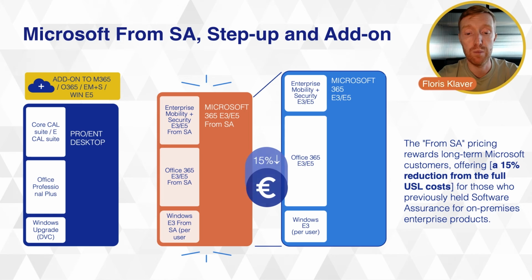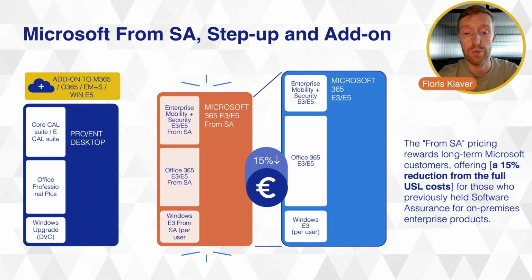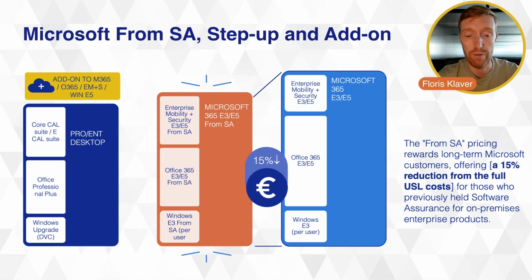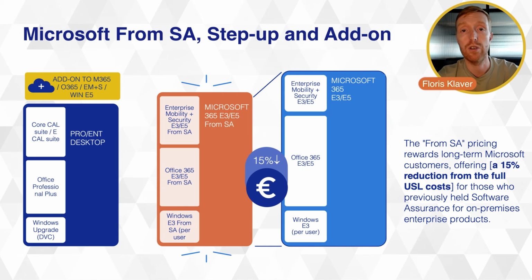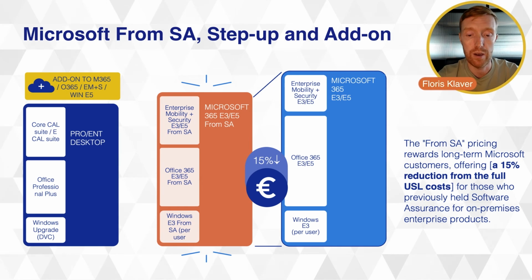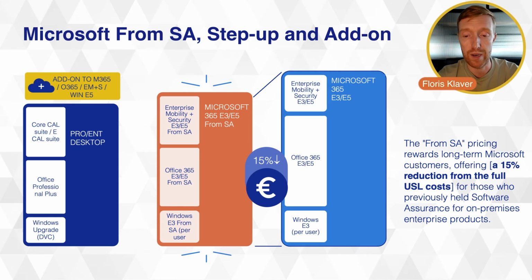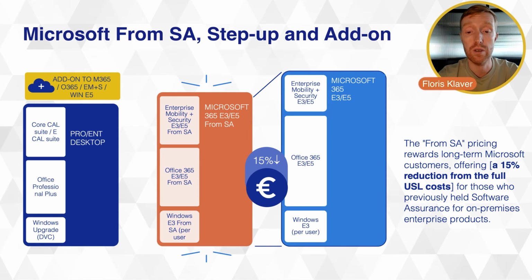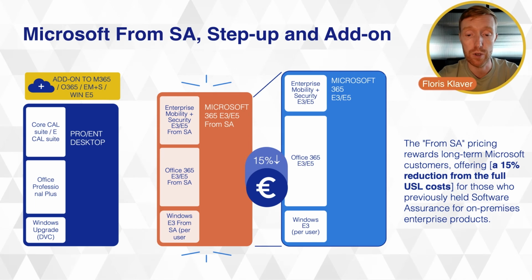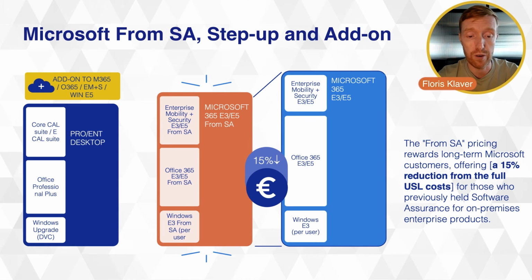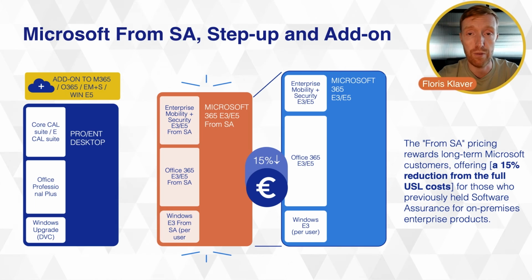We'll give you a 15% premium to the full user subscription license and give you that from SA license, which includes all the functionality. But because you're such a loyal customer of ours over the past years, you would be getting that at a lower programmatic price. If you didn't have a Pro or Enterprise Desktop with software assurance, you would need to buy the full user subscription license at a higher price. But if you were coming off of software assurance, you could buy the from SA license.